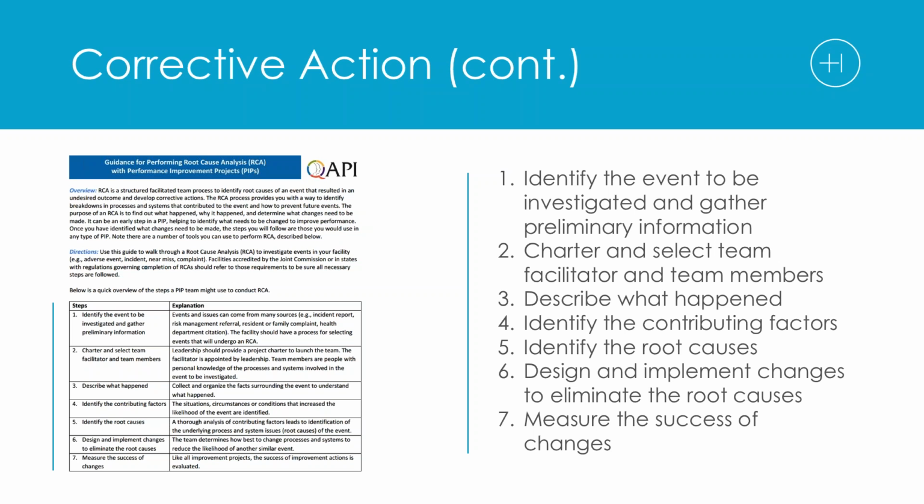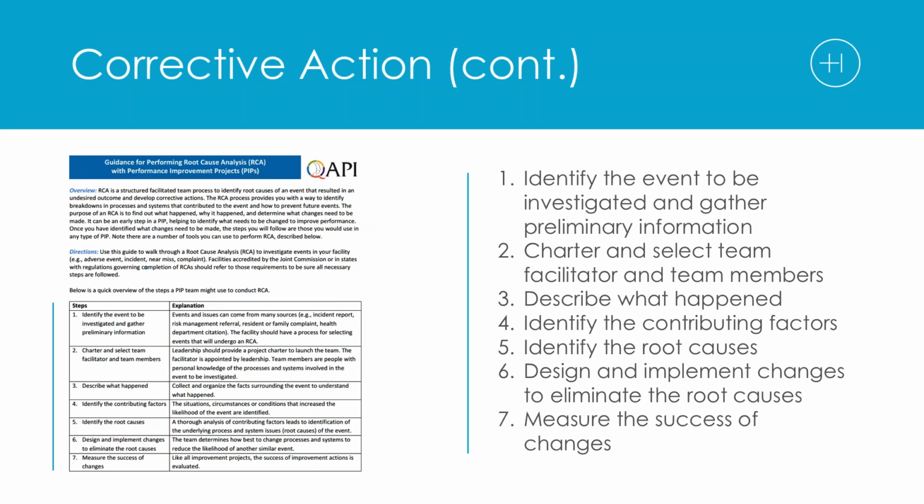It's 7 steps. And these are basic principles. These principles can be used in compliance. They can be used in quality of medicine administration or quality of wound care management. So it's not the widget that we're talking about, it's the process that we're talking about. First is identify the event that needs to be investigated and gather preliminary information.